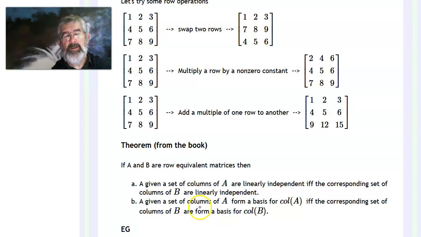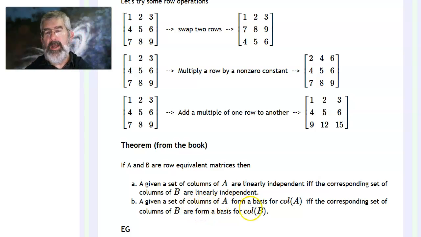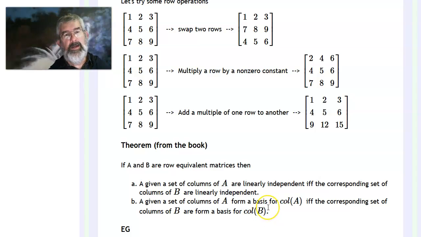And likewise, a given set of columns of A form a basis for the column space of A if and only if the corresponding set of columns in B form a basis for the column space of B. Okay. Now, remember, the column space is the span of all the columns. And if all of them are not a basis, it means they must be linearly dependent in some way.